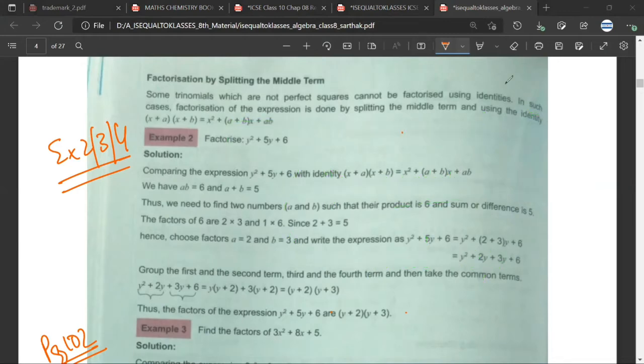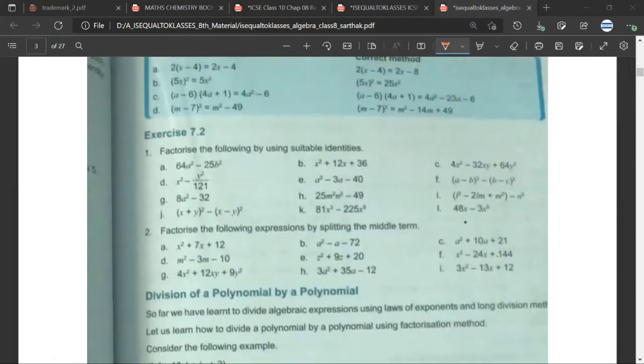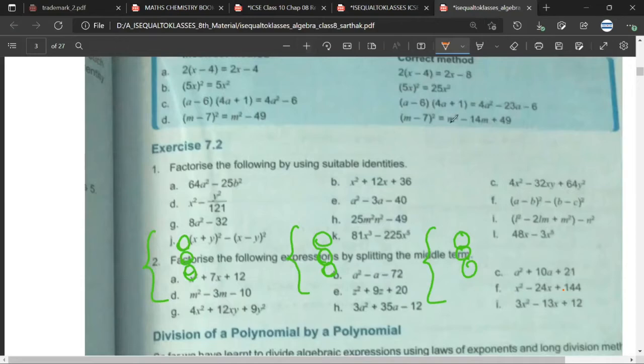So all I'm trying to tell you is that these are quadratic polynomials. Why? Because the degree of each is equal to 2. But if I take any of these quadratic polynomials and I equate them to 0, they will become quadratic equations. Mr. Sarthak, any doubt till here?